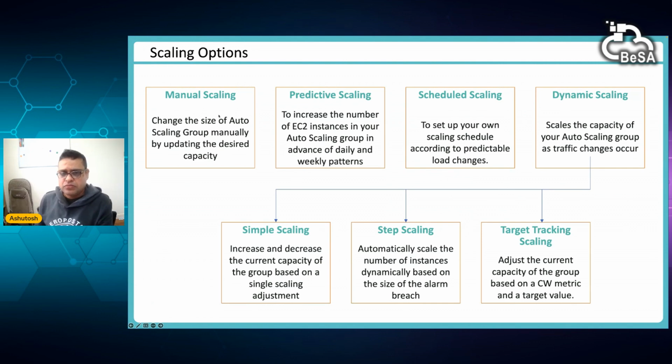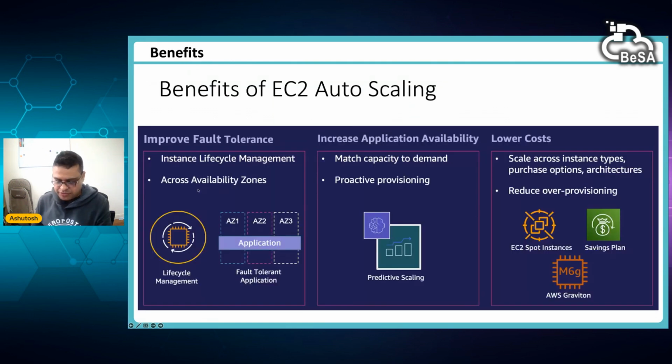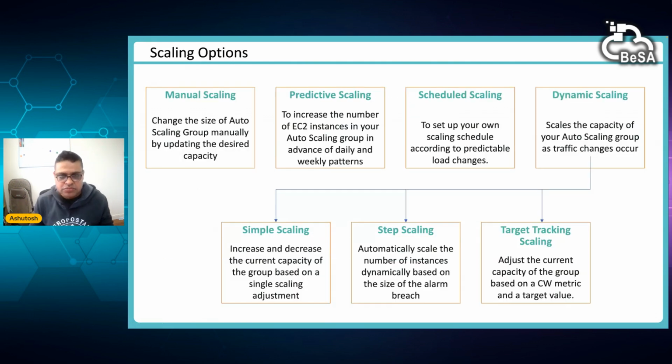Now there are a couple of scaling options. Obviously you can do manual scaling. You can go and change the size, and you can increase the minimum or desired capacity, or reduce it, right?